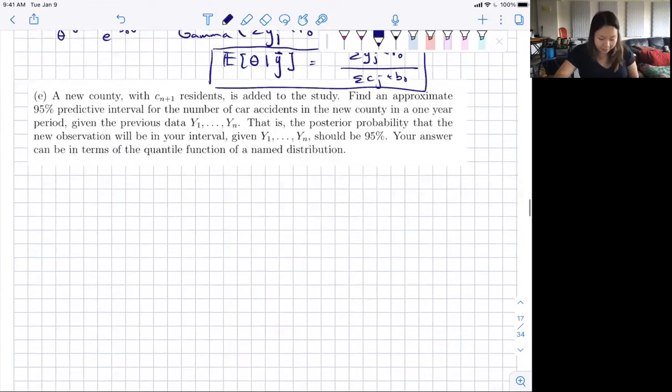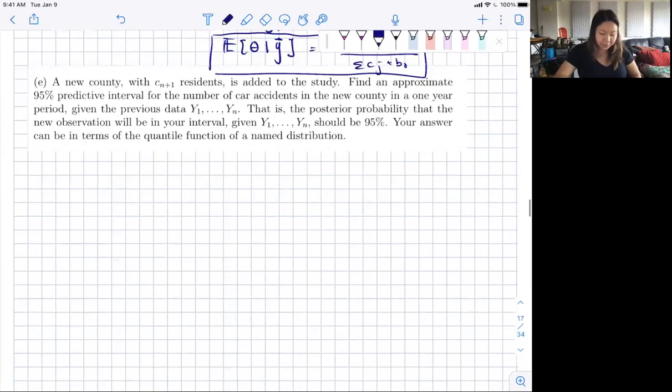Okay, and then the final question says, a new county with c sub n plus 1 residents is added to the study. Find an approximate 95% predictive interval for the number of car accidents in the new county within a year period, all given the previous data.